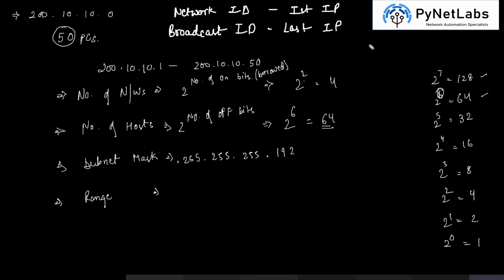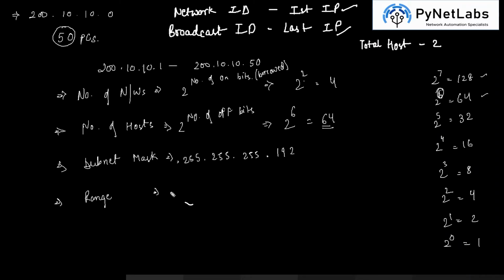So in any range, let's see the first range we had for 64 hosts, the usable IPs will be the total number of hosts in the range minus 2. Why minus 2? One IP will be used for the network ID and the other IP will be used for the broadcast ID. I hope this is much clear now and it makes sense. Are you guys able to understand this now?